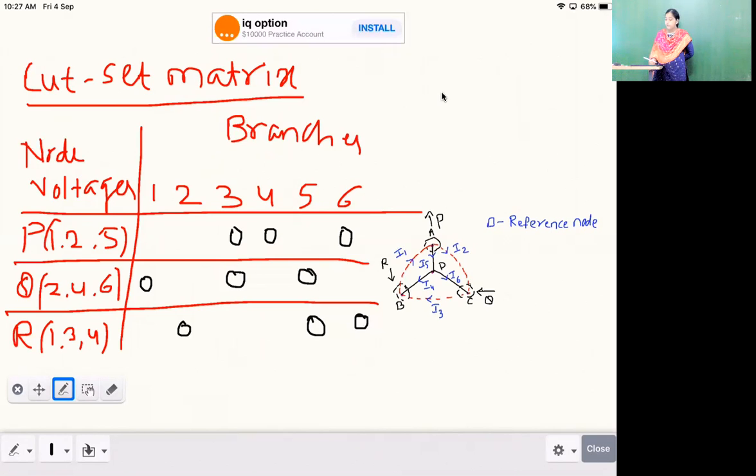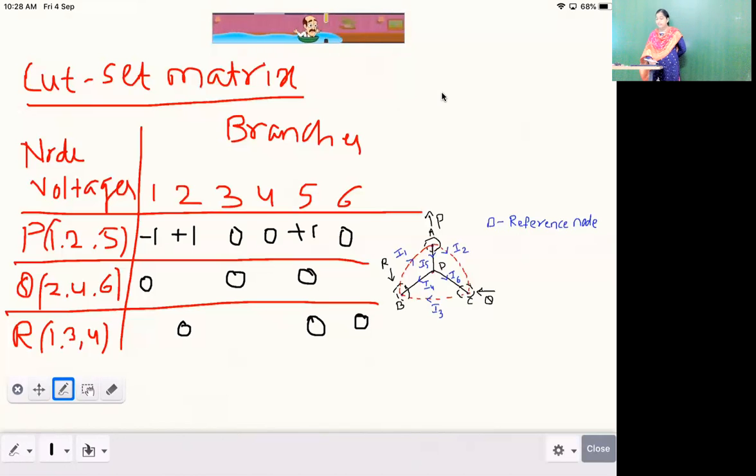It is leaving the node. Therefore, the current leaving the node has to be taken as +1 and the current entering the node has to be written as -1. Now let us write down 1, 2 and 5. For 1, 2 and 5, 2 and 5 are leaving the node, 1 is entering the node. Therefore, for 1 I have to write -1, for 2 I have to write +1, and for 5 also +1.